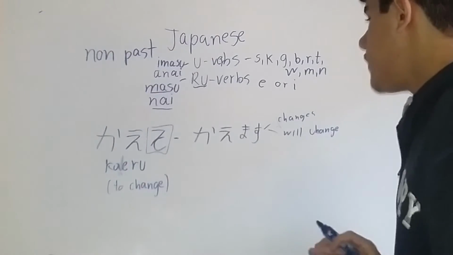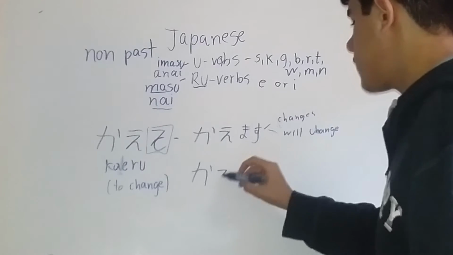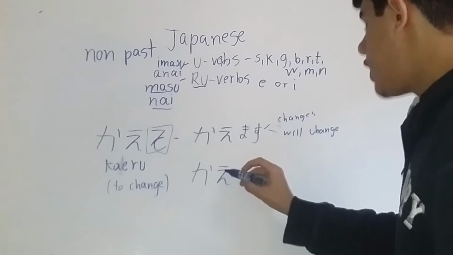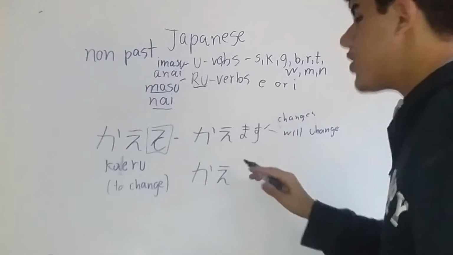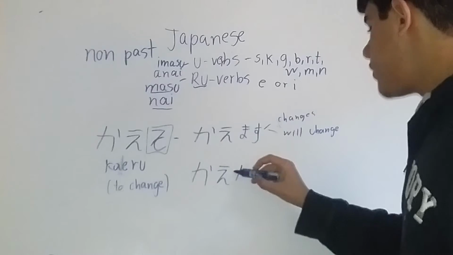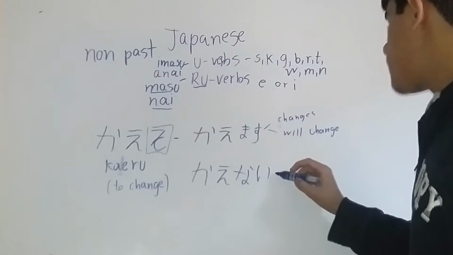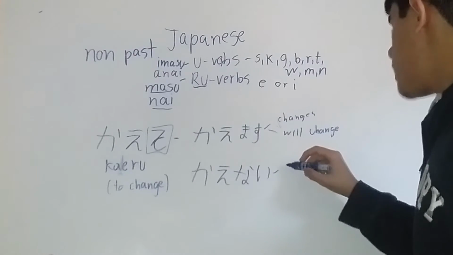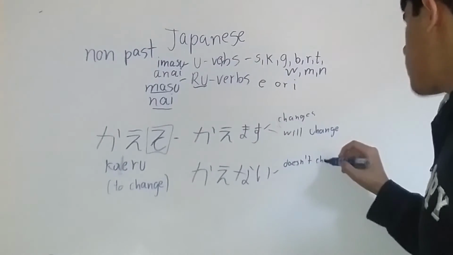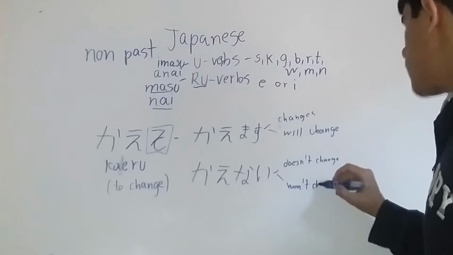We just have to do these things to conjugate: we put kae, and we put nai. In this part, we always act like this. Kae nai means doesn't change, or won't change.